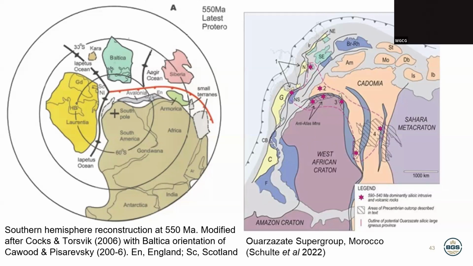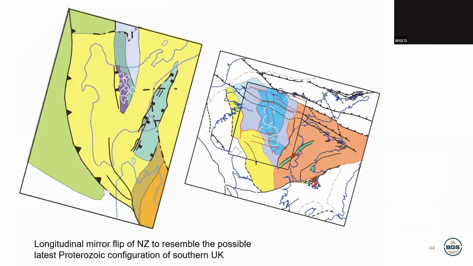Next slide. So speculatively, I turn Britain through 180 degrees, and now I match what would have been the New Zealand equivalent of that. So basically the subduction zone would be westwards in present coordinates over here to fit that reconstruction. Next slide, please.